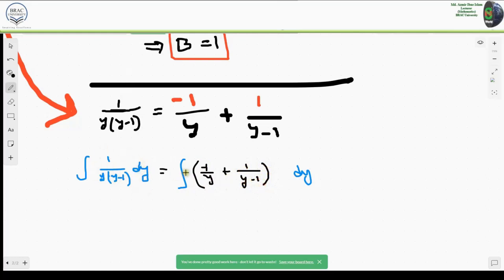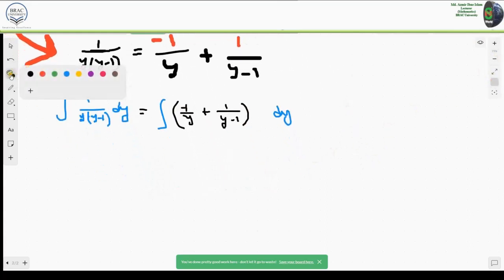So the left side's result will be equal to the right side. Now we have to focus on the right side. That means let's find the result for the right side.